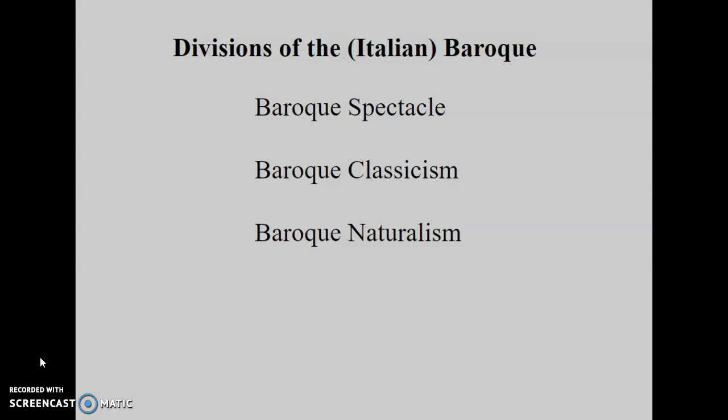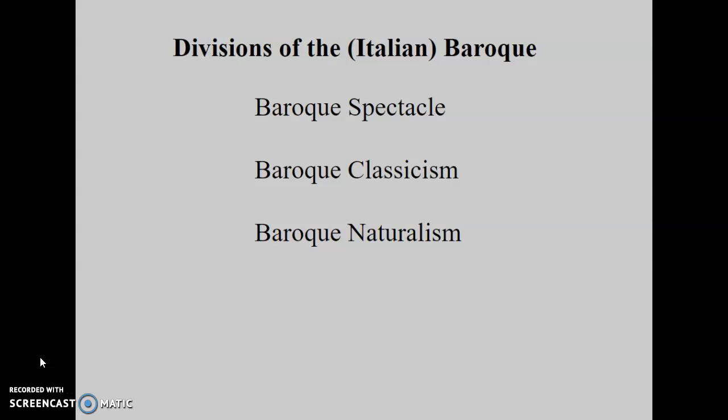And then Baroque Naturalism. Up until this point, classicism and naturalism have overlapped with each other. They've been very similar. Artists who are interested in naturalism or a naturalistic representation of people and situations have often looked to classical models for their inspiration.